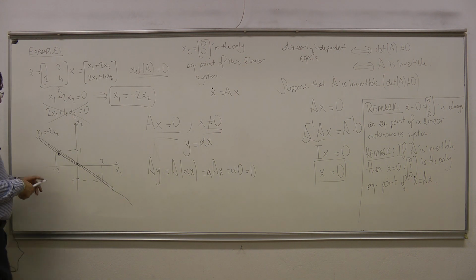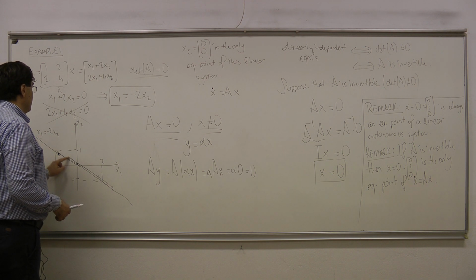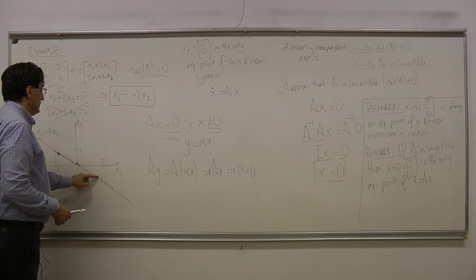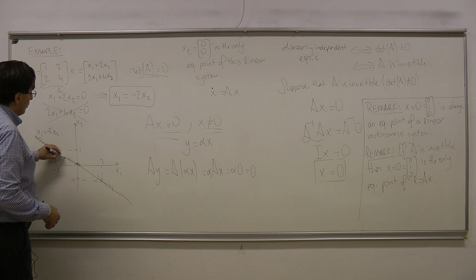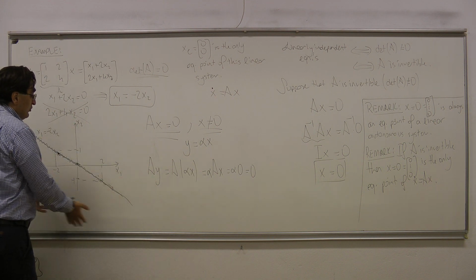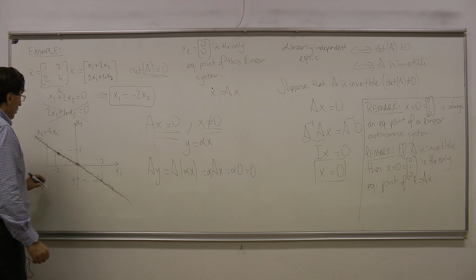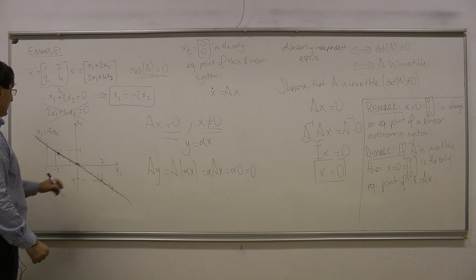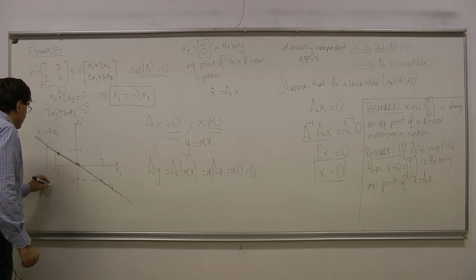So when a system, it might be linear or non-linear, has equilibrium points on a line like this, or in a region of the state space, we would call such equilibrium lines equilibrium zones.